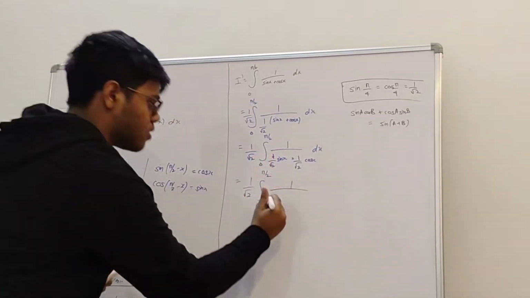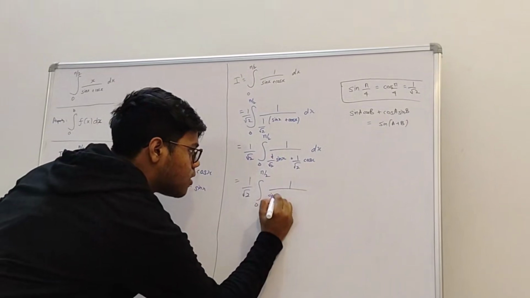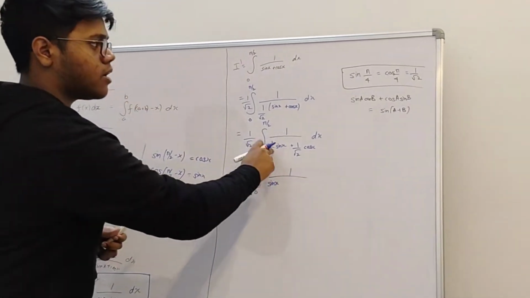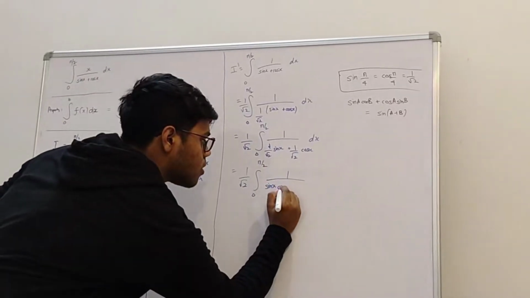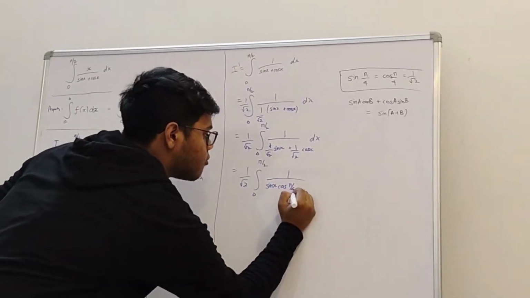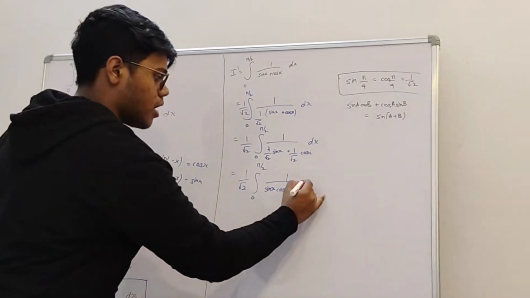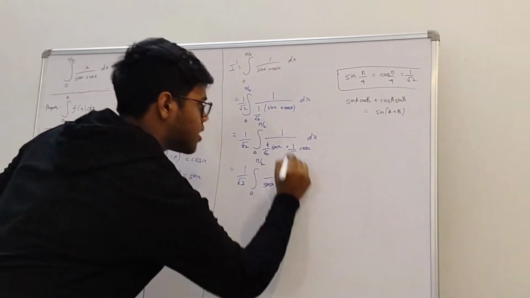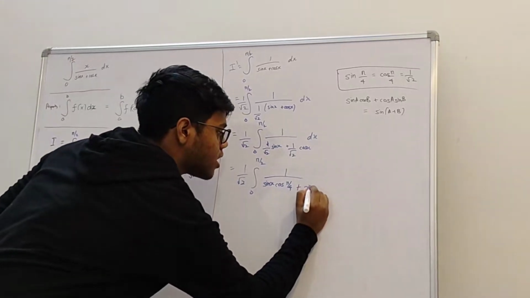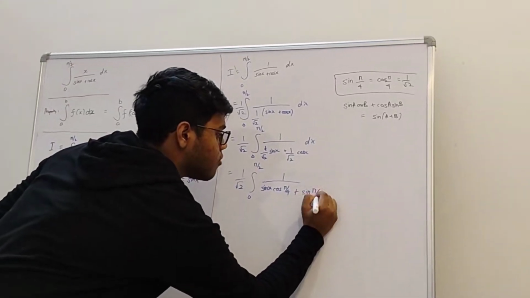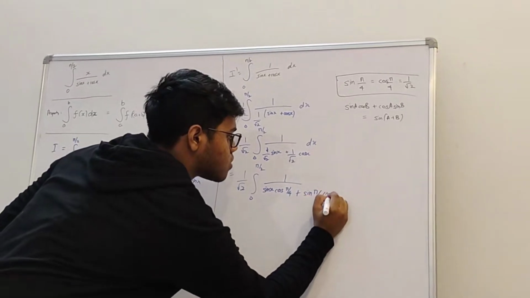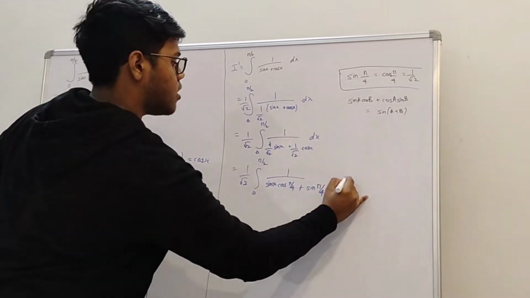So we have sin x here, we write it, and 1 by root 2, we write it as cos pi by 4. And the next term we write sin pi by 4 cos x, and dx.